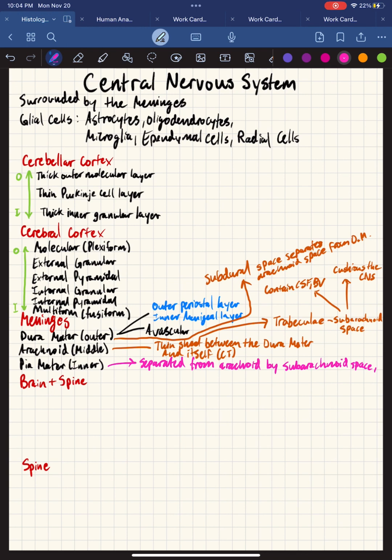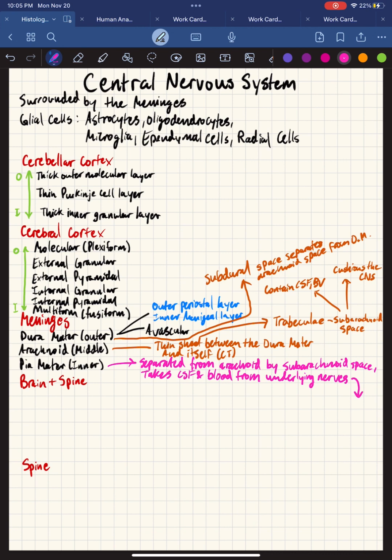So the pia mater takes cerebrospinal fluid and blood from the underlying nerves, since it's the most inner layer, so it's going to have access to those underlying nerves.